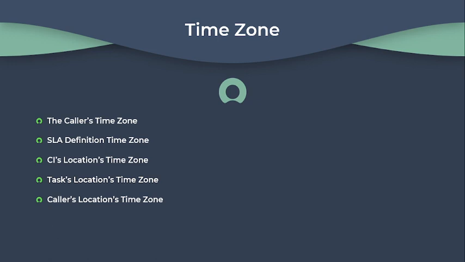If the SLA definition time zone is selected, then the time zone list appears. So these are the different options in the time zone available to configure the SLA time zone.